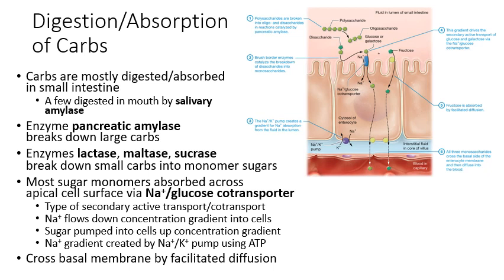The exact way that they're absorbed depends in part on which sugar it is specifically. But most of those sugars can be absorbed by the sodium glucose cotransporter, which is a type of secondary active transport, also called cotransport. We went over cotransport in general biology. It's a type of active transport, but you don't directly use ATP. In active transport, you're always using ATP to pump some substance up against a concentration gradient.